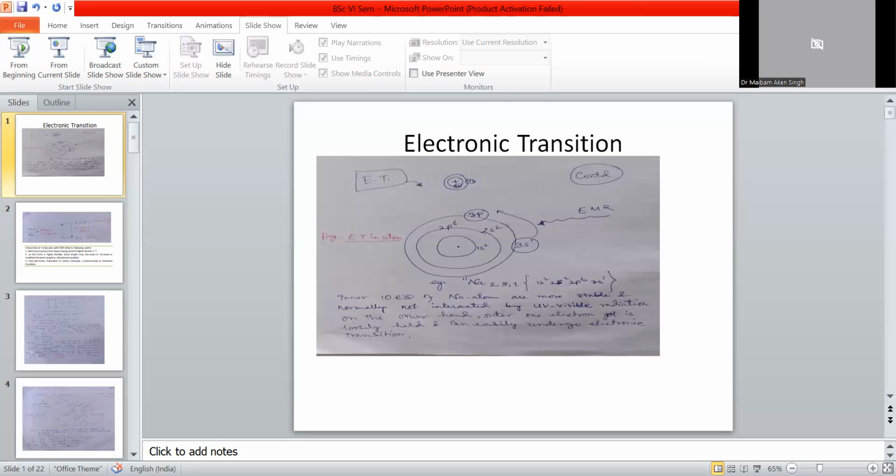The HOMO will form first, then the electrons go to this level. After filling the level, the remaining electrons will be present here. It depends on the number of electrons.